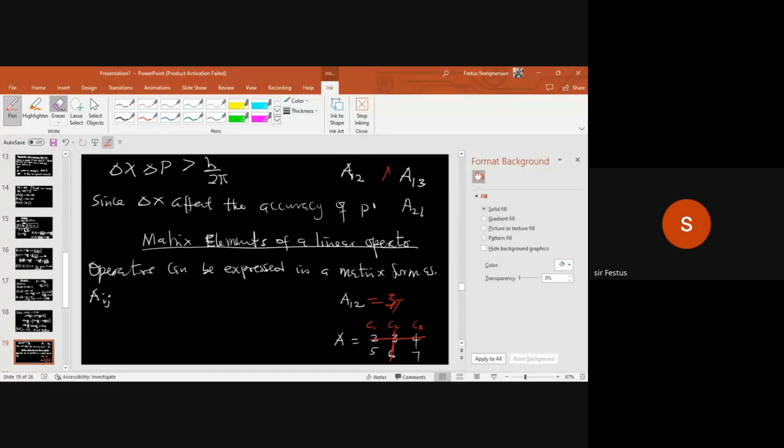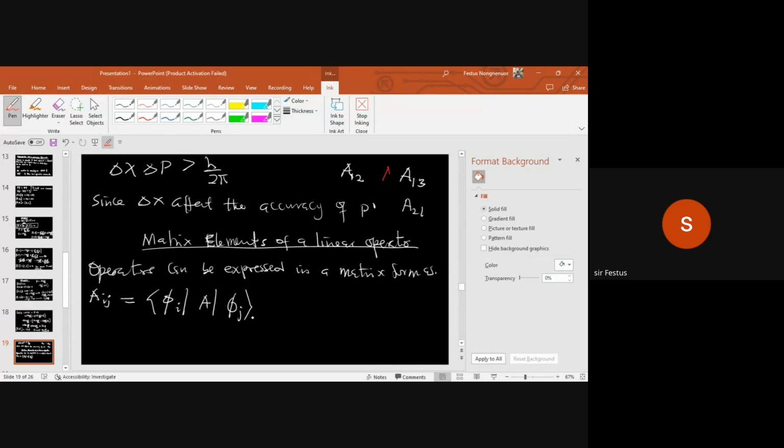So when you write it like this, they have meaning. A_ij, that is A, I, comma J, means that you are taking I for the row element and J for the column element of A. So this can be written as the bra of phi I, then we bring the operator A, and then the ket of phi J, then we close.